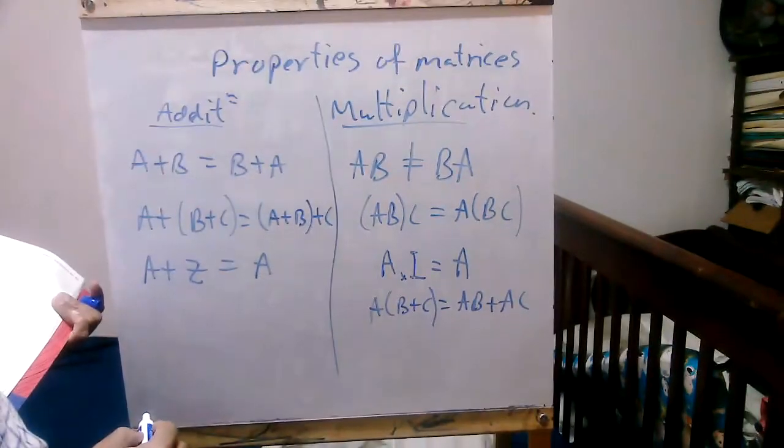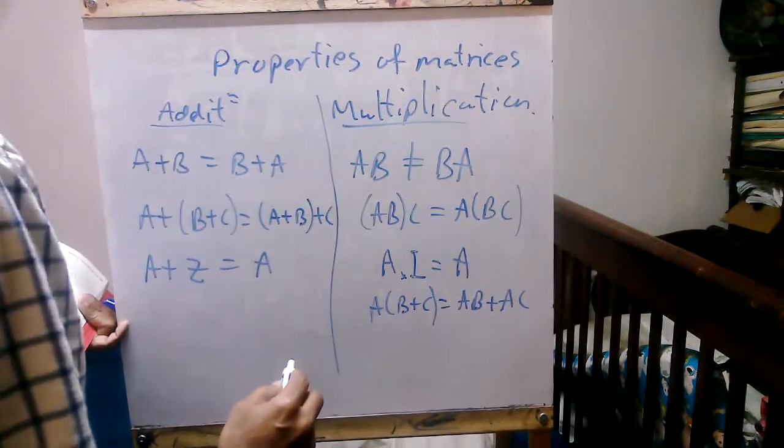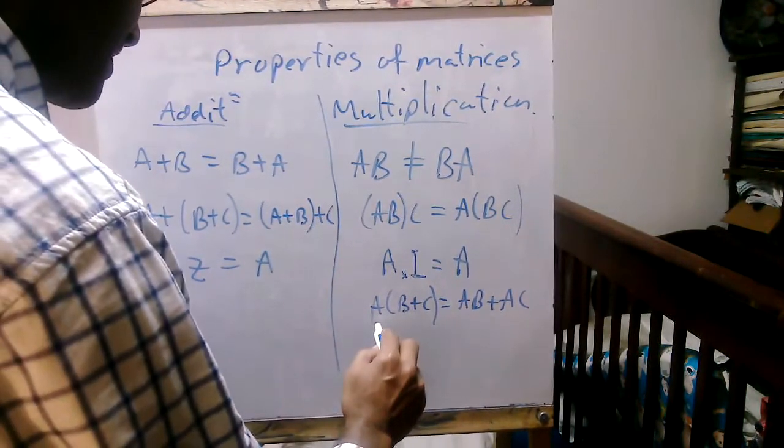A times B plus C equals AB plus AC, this is the same thing.